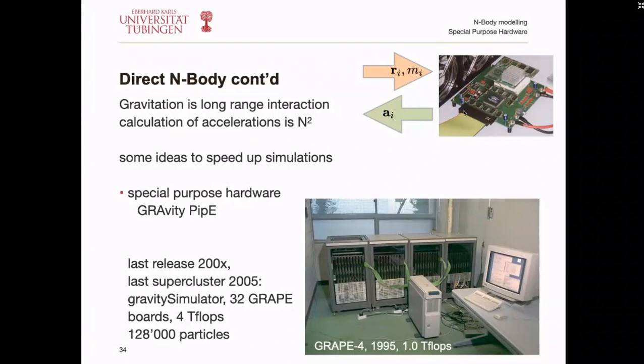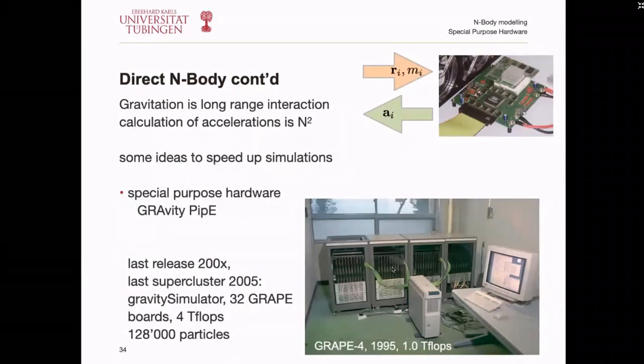These boards were quite expensive. I guess one board cost about several $1,000, but it was then the best, the fastest way to compute accelerations. And there was also a supercluster. This is what superclusters looked like in '95.